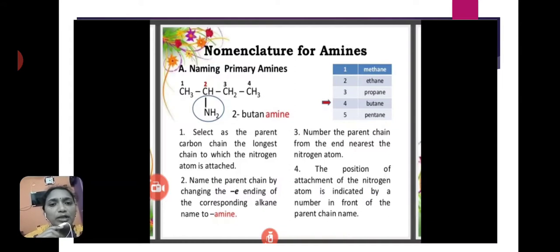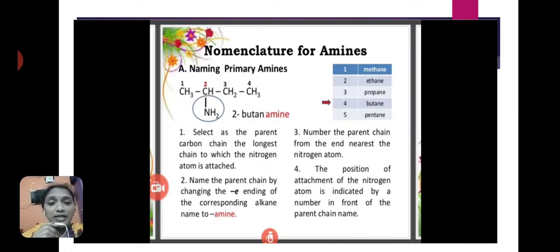For example, in long chain alkanes, the NH2 functional group is attached at one of the carbons. We compulsorily have to give the number at which the nitrogen atom is attached to the parent chain. That is very important. Here the second carbon is having the amino group, so 2-butanamine.